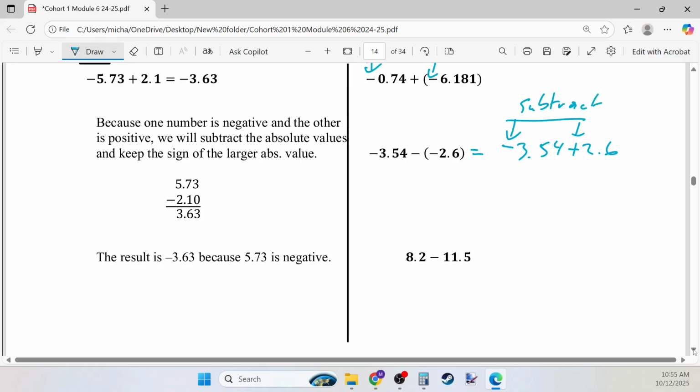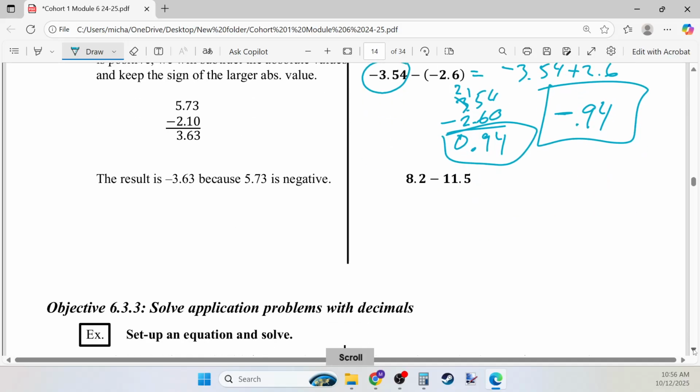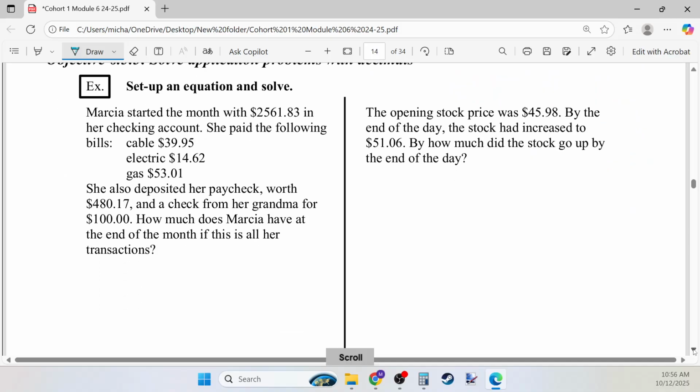Put your bigger absolute number on top, smaller one on the bottom. 4 minus 0 is 4. 5 minus 6, I need to borrow. 15 minus 6 is 9. 2 minus 2 is 0. Dot goes straight down. This is the absolute value of my answer. Since the bigger number was negative to start with, my answer is going to be negative 0.94. I'll let you do the other one on your own.